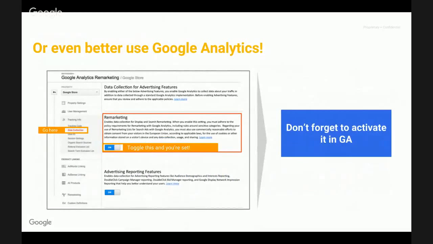The way to tag your website is, you can use AdWords or you can use GA. If you have GA, we encourage you to use GA, primarily because you can use more advanced techniques for segmenting your RLSA lists compared to AdWords. So you would always suggest to use GA? Yeah, if you have Google Analytics, then use it.